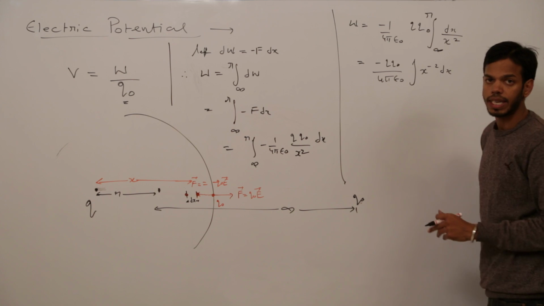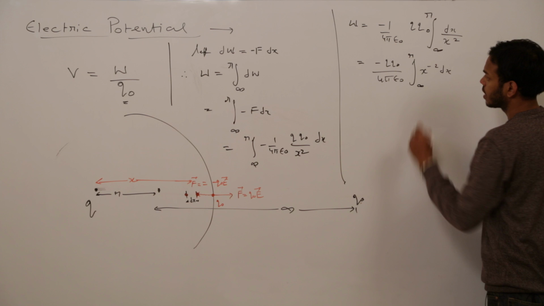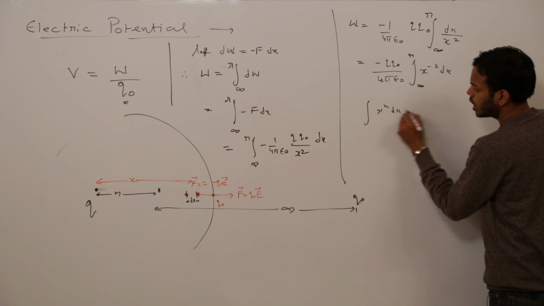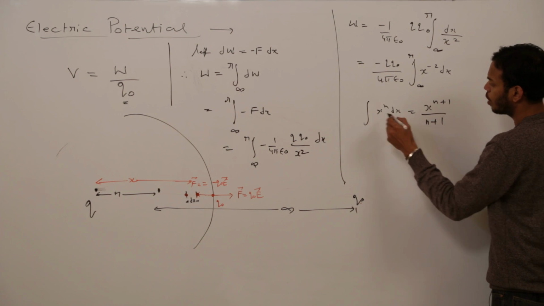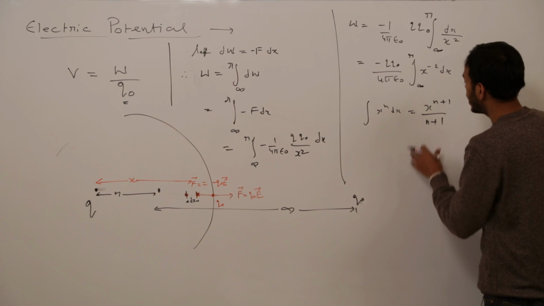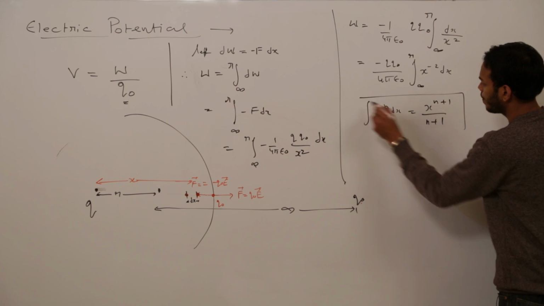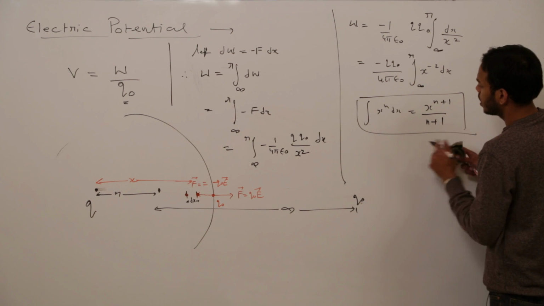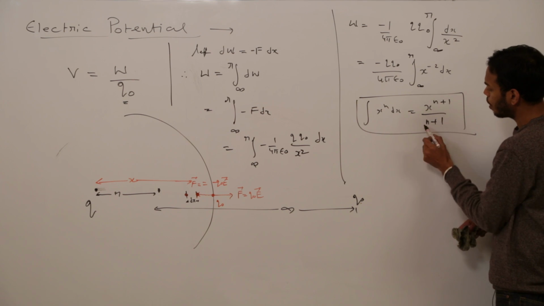What would be the integration of x raised to power minus 2? Integration of x raised to power n dx is what? x raised to power n plus 1 upon n plus 1. This is the formula for integration of x raised to power n. Putting this same formula in here, you will be left with x raised to power minus 2 plus 1 upon minus 2 plus 1.